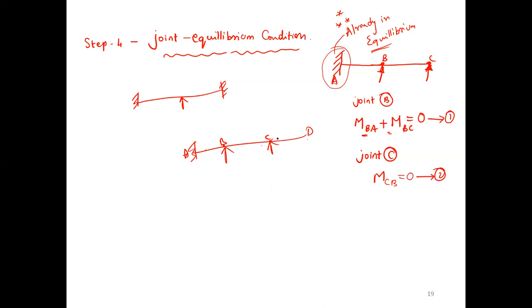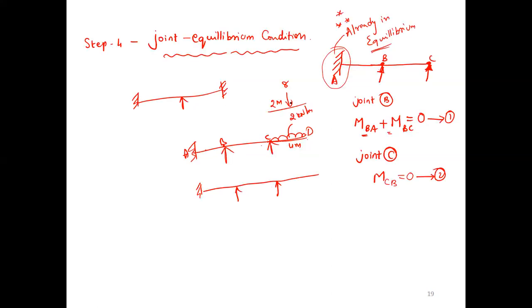If I give a load of 2 kilonewton per meter on an overhang of 4 meters, what you have to do is very, very important. Observe here: if you take moment at this point C for this overhang, what is the moment? 2 into 4 is 8, which acts at 4 by 2, which means 16.